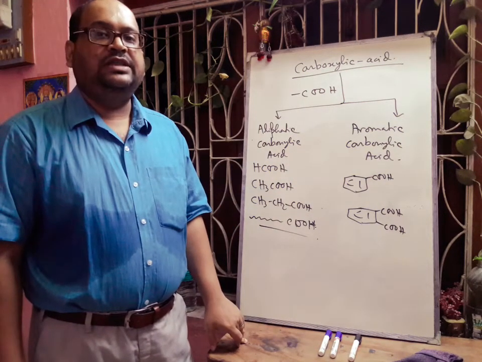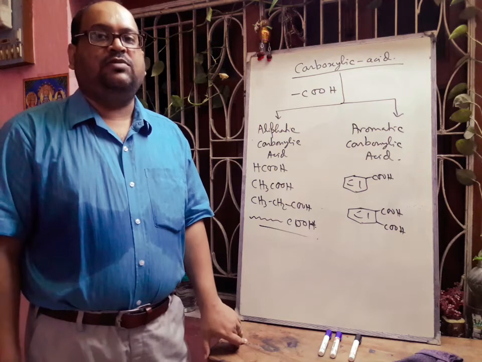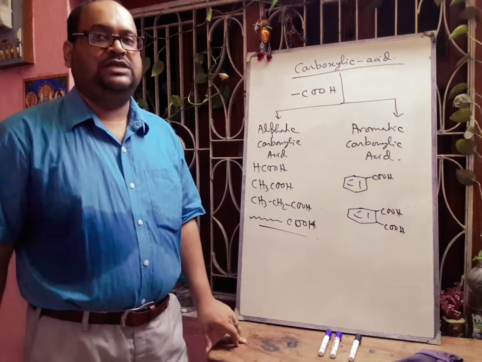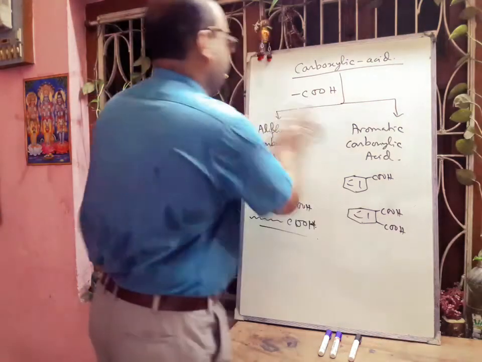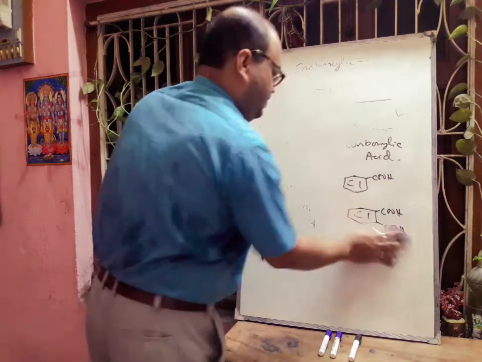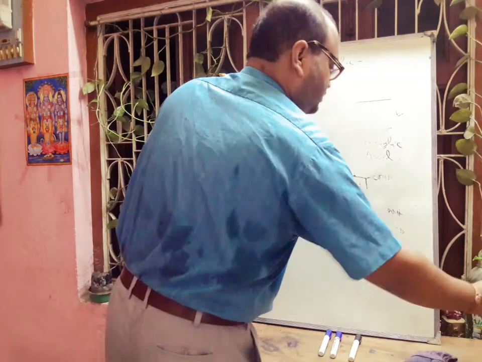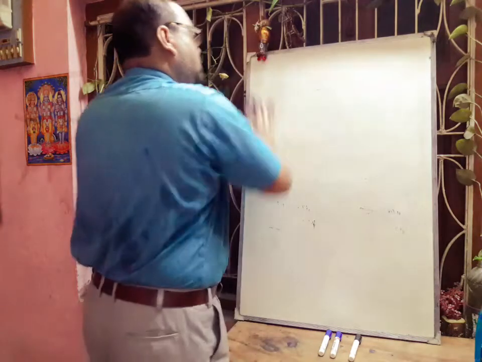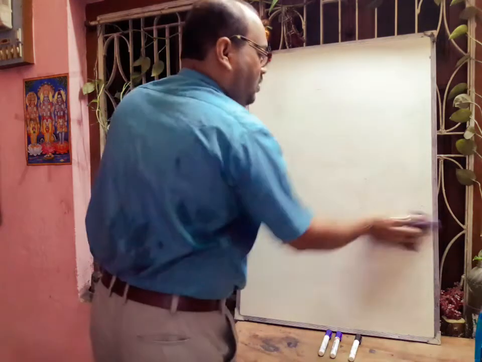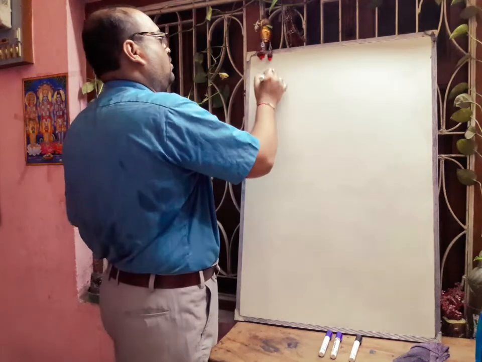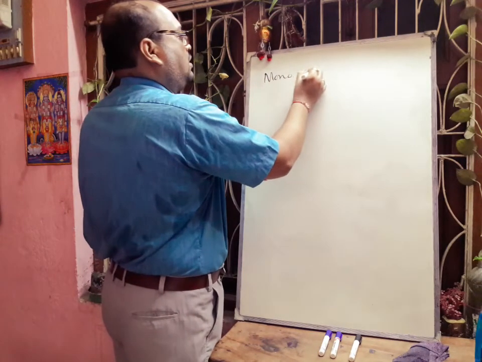Now depending upon the number of COOH, carboxylic acid may be classified as monocarboxylic acid, dicarboxylic acid or tricarboxylic acid. When only one COOH group is present in the molecule, then it is called monocarboxylic acid.